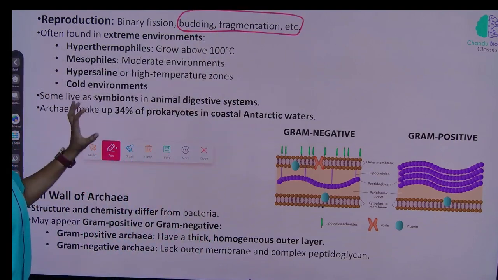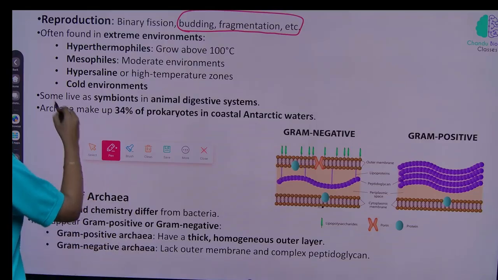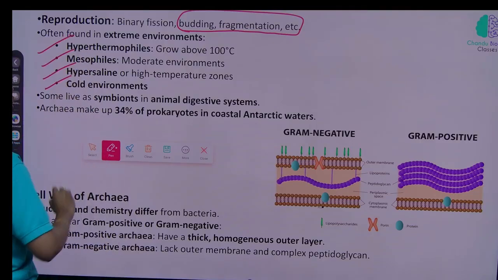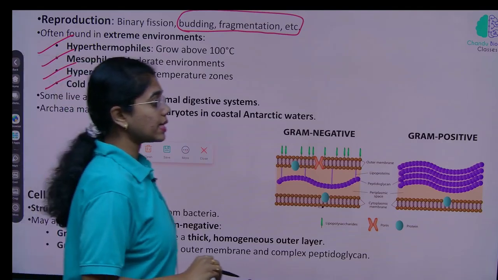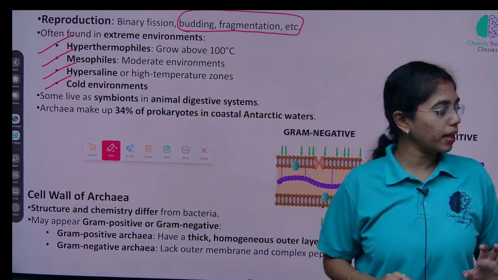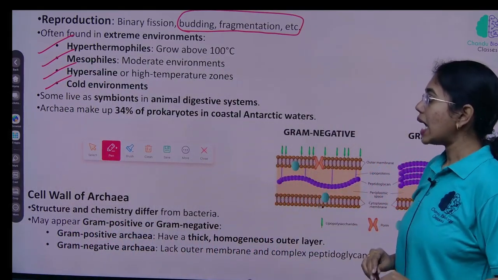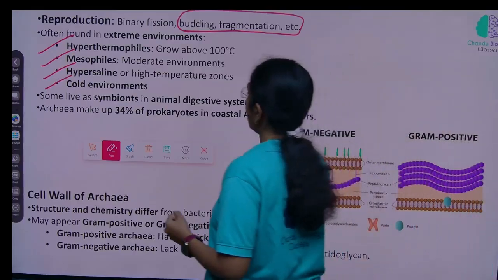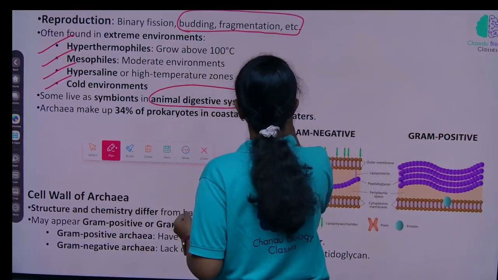They are often found in extreme environments like hyperthermophiles, mesophiles, hypersaline and cold environments as well. These are the extreme environments where archaebacteria are present. And some live as symbionts in the animal digestive system, like in ruminants.